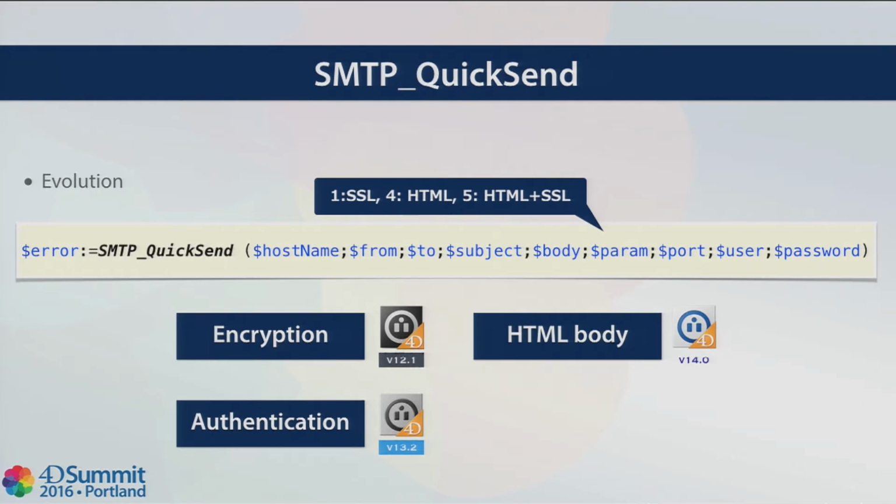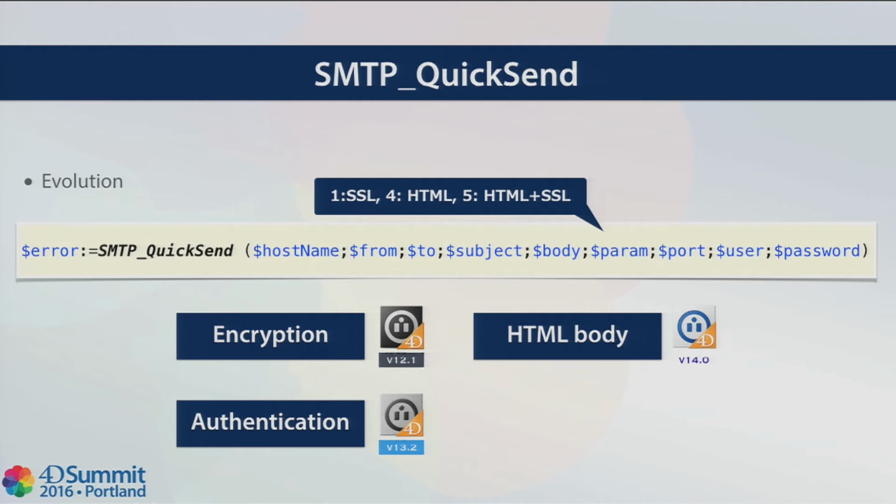Passing 1 would mean you use SSL. In previous versions, or version 13, I should say, 0 meant you don't use SSL, 1 meant you do use SSL. Now, that was changed in v14. Now, 1 means you use SSL, that's unchanged, but 0 now means that you can switch over to SSL if the server requires SSL.